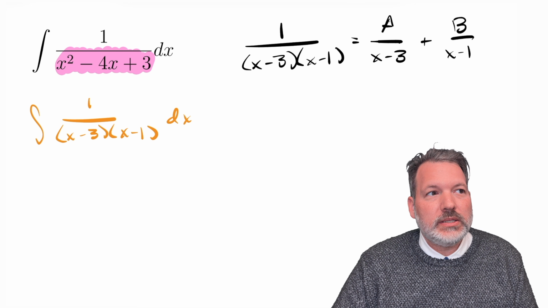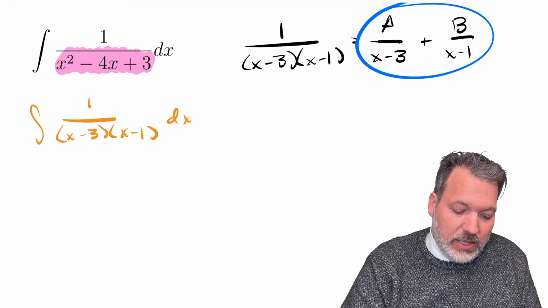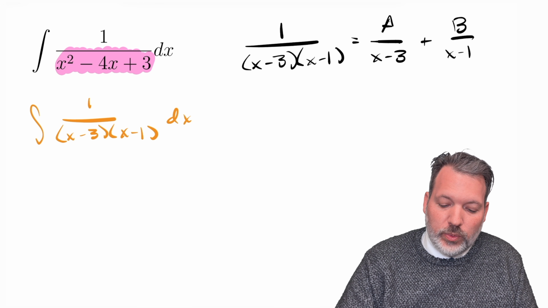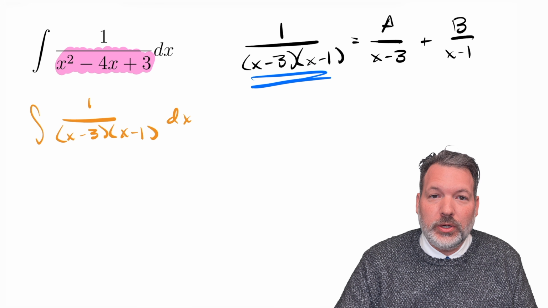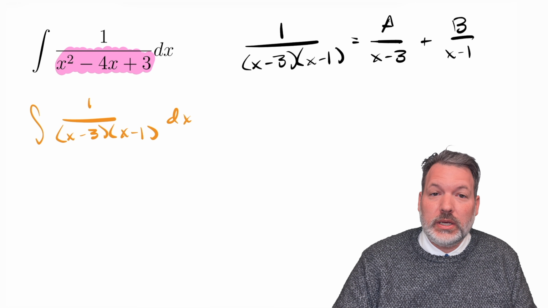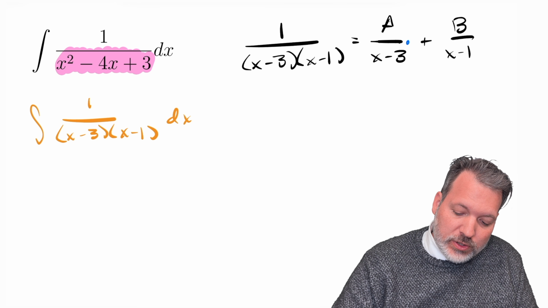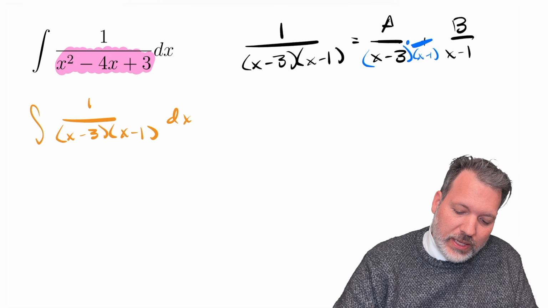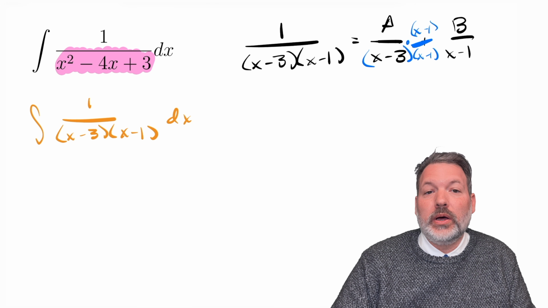The way that we can do this is we can think, well, if we had just seen the expression this way originally, how would we have turned it into a single fraction with one common denominator? That's exactly right. We would have used common denominators. We would have said this first fraction needs an x minus 1 in the denominator, so let's multiply it by x minus 1 over itself.